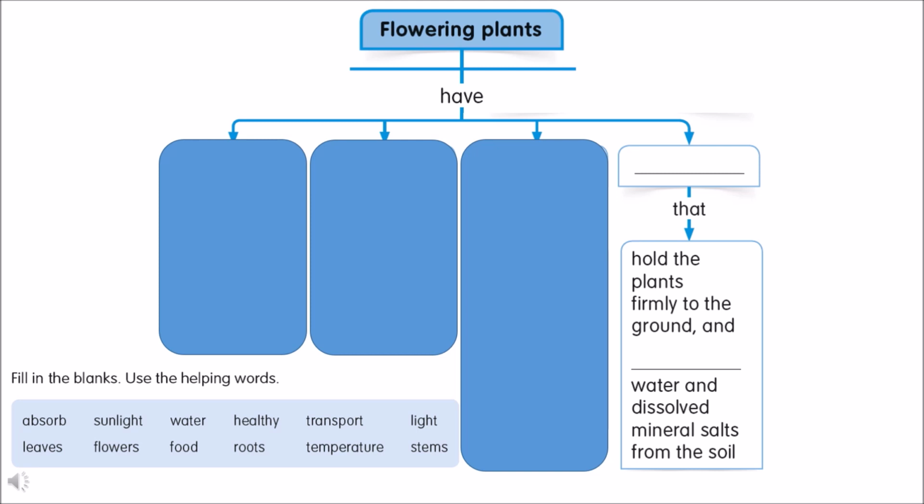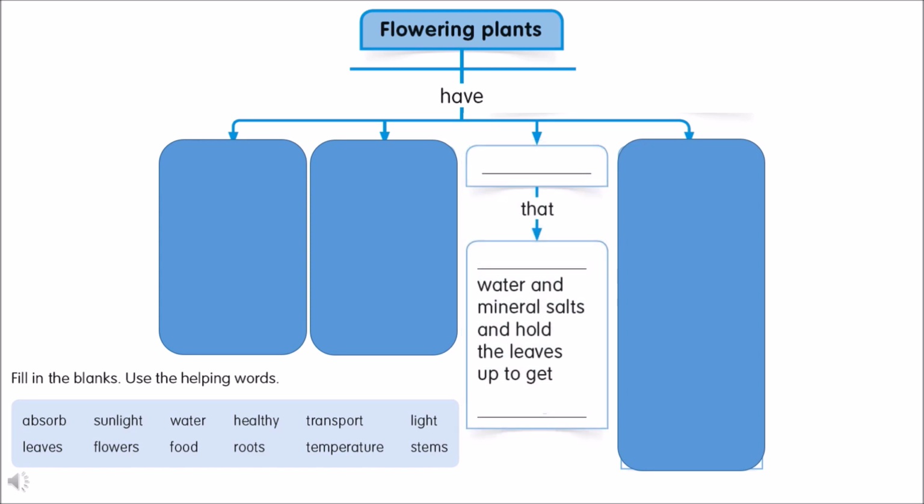Flowering plants have roots that hold the plants firmly to the ground, and absorb water and dissolved mineral salts from the soil. So those are our keywords. Which part has the keywords holding the plant to the ground and from the soil? So which part do you think goes in the soil?